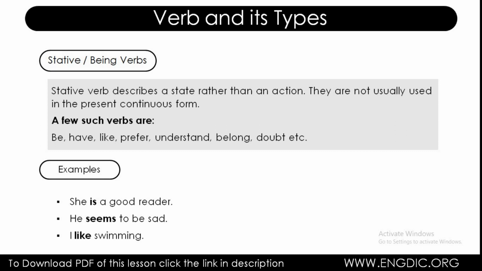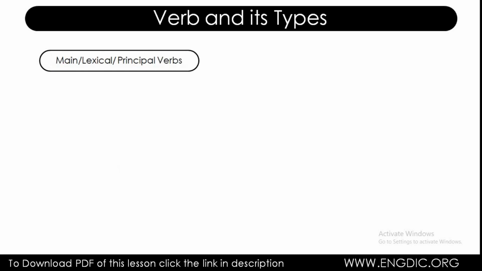Here, is is the stative verb. Number 2. He seems to be sad. In this example, seems is the stative verb. I like swimming. Here, like is the stative verb. Now moving towards the main, lexical or principal verb.